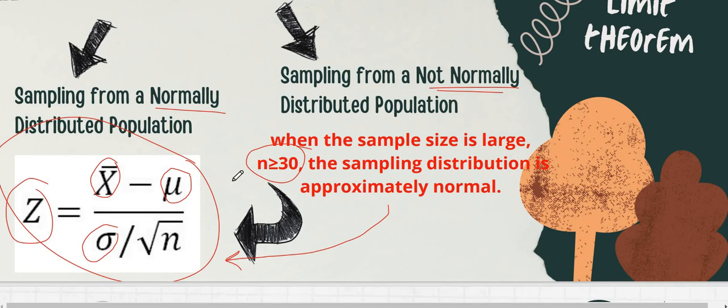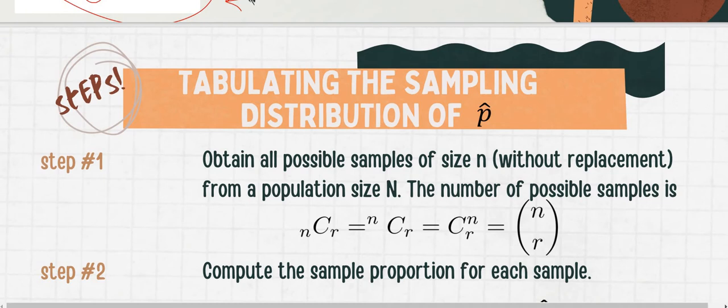So you will use the same equation like this. In easy words, every time you get a question, of course you check your n first. Kalau your n is greater than 30, automatically it will be this formula. So you only have one formula here to use to find the z. This one is for sample mean. Okay, so we are already done with sample mean.